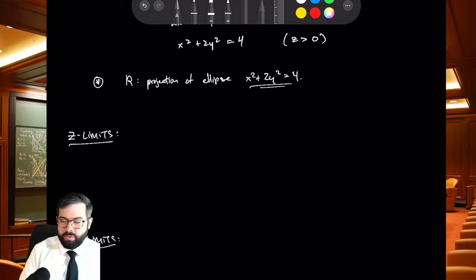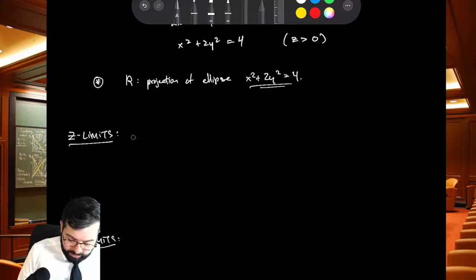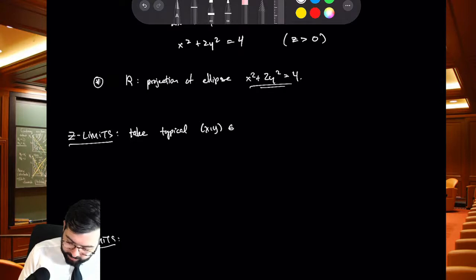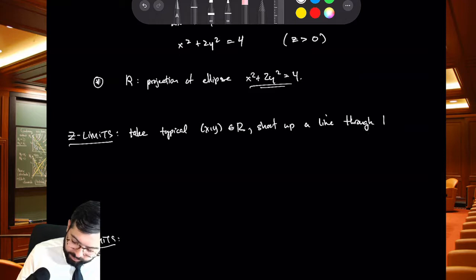One way to do this, if you have a graph, and I'll sketch out what this looks like in a moment, is you can take a typical x, y in the region R, and shoot up a line through the surfaces.